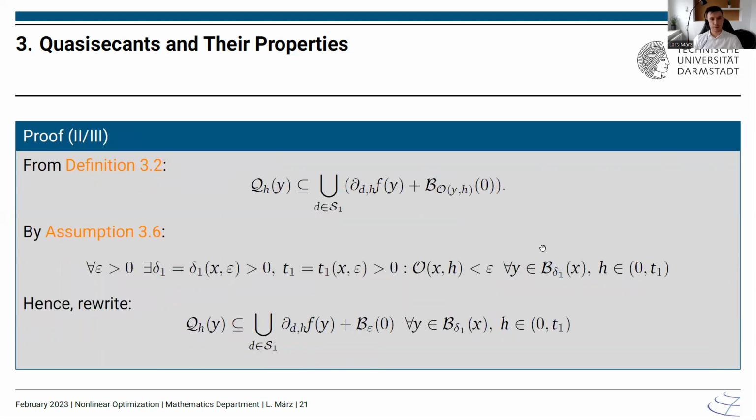Now, from the definition of the set QH, we immediately see that it is just a subset of the union over all directions on the unit sphere.